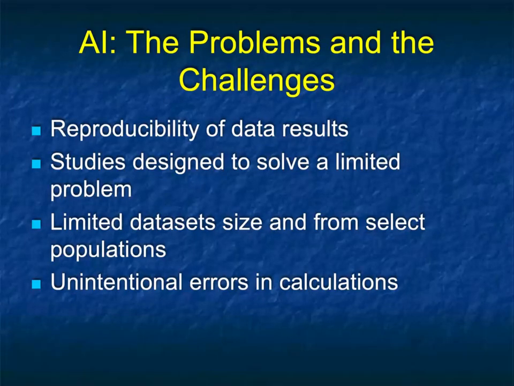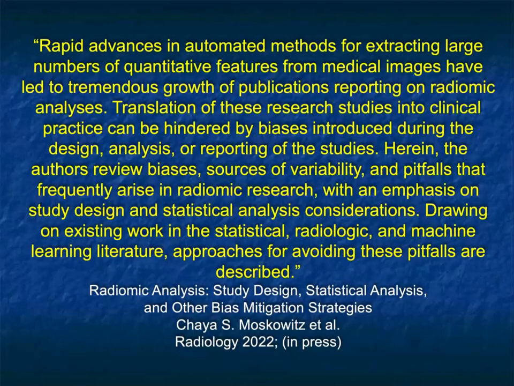Studies are often designed to solve a limited problem, which means that you're going to have 40 different algorithms running to really get everything right. Again, limited data sets from select populations make the results at times questionable. And then, of course, there are always unintentional errors in calculations. Mistakes are made, and the results look too good, and they really aren't.